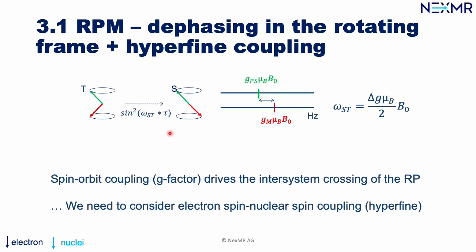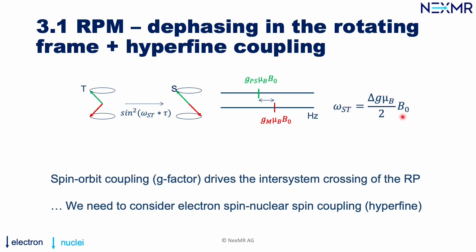And this is a frequency, as you can see, right? It turns and goes back between singlet and triplet state. So this dephasing frequency is actually the frequency of triplet singlet mixing. And this is the difference between the two resonances of the photosensitizer and the molecule.